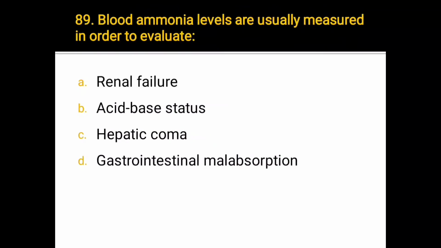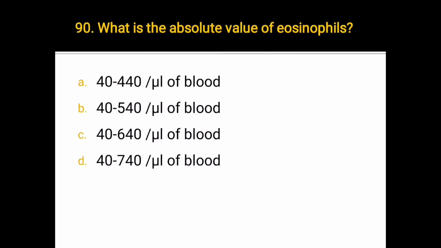Blood ammonia levels are usually measured in order to evaluate A. Renal failure, B. Acid-base status, C. Hepatic coma, D. Gastrointestinal malabsorption. Correct answer C. Hepatic coma. What is the absolute value of eosinophils?